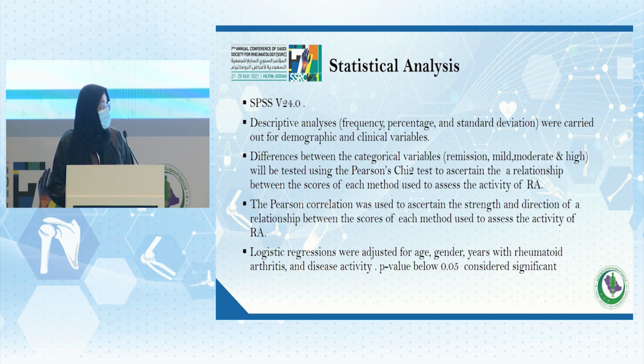We used the Pearson's correlation coefficient to ascertain the strength and the direction of the relationship between the scores for each method used to assess the severity of the disease. Logistic regression was used, adjusted for age, gender, and years with rheumatoid arthritis and disease activity. A p-value below 0.05 was considered significant.